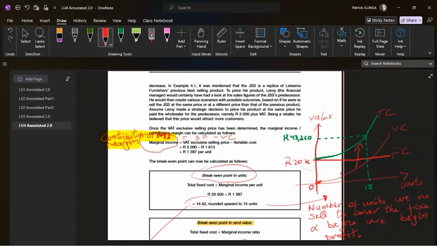I hope it's logical, it's clear. Remember, your cost is divided into two things: the variable cost part and the fixed cost part. So the variable cost per unit will go to cover the variable costs. So how are you going to cover the fixed cost? You need to use your marginal income.